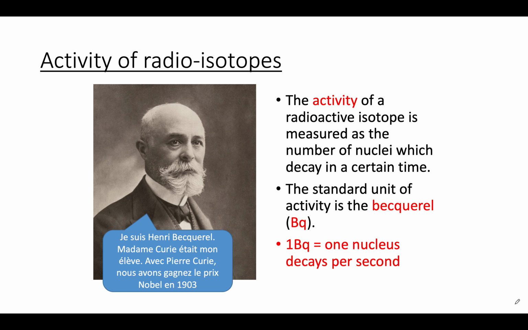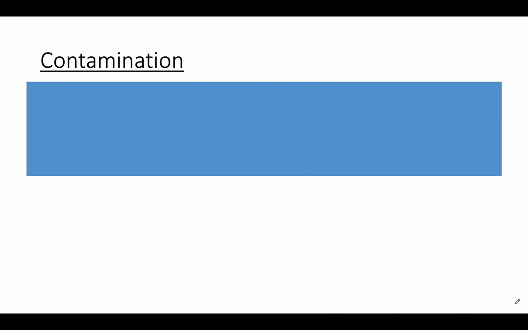It doesn't tell you really how dangerous or otherwise that might be. We need a different thing for that. That's dose. So activity is about how quickly it's decaying, whereas dose is about the harm that it might cause you. So if something's exposed to radioactivity, it might be contaminated.